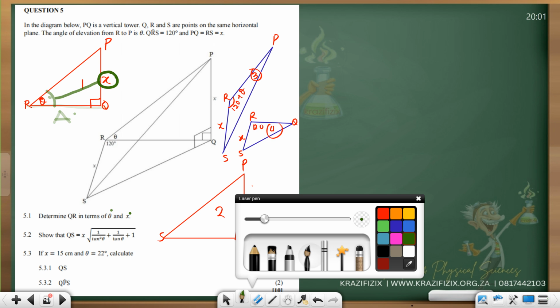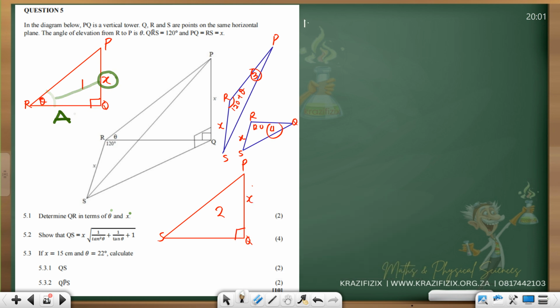So I'm done with number 1. It didn't even take me 10 seconds. Tan, opposite and adjacent. Tan theta is PQ over what? QR. What am I looking for? QR is PQ over tan theta. And what is PQ? X. We are done with the first question.